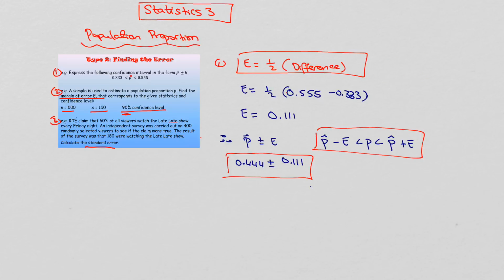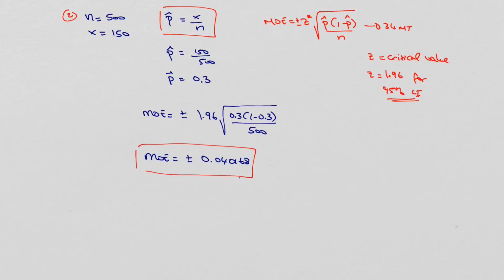So n is 400, our sample size. And if we go back to the question, you can see that they were saying that 400 randomly selected viewers and then 180 claimed that they were watching The Late Late Show.